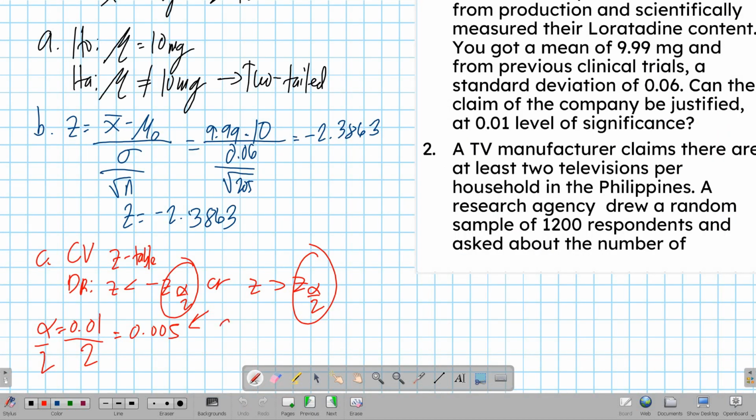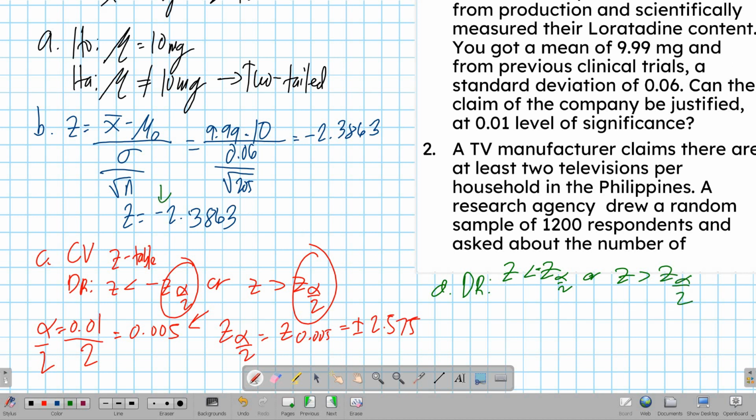So now that we got that from the z table, let's go back to our original solution. There you go. So our z of alpha over 2, which is z of 0.005, would be positive or negative 2.575. And now, for the last step, our decision rule, since this is a two-tailed test, is that either z is less than negative z alpha over 2, or z is greater than z alpha over 2.